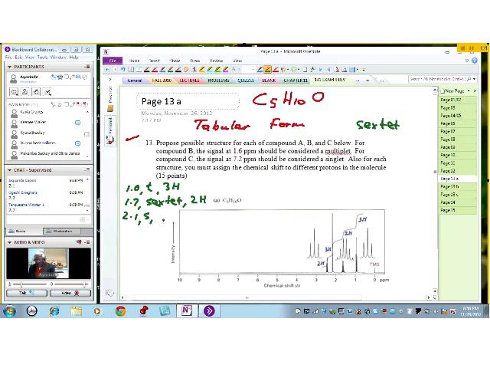And that is a singlet, and that is 3 hydrogen right here. And the last one, this one here. What is the chemical shift? 2.4, okay, good.